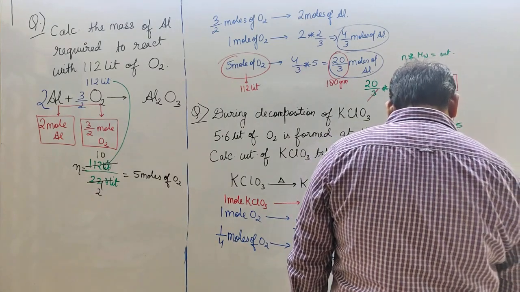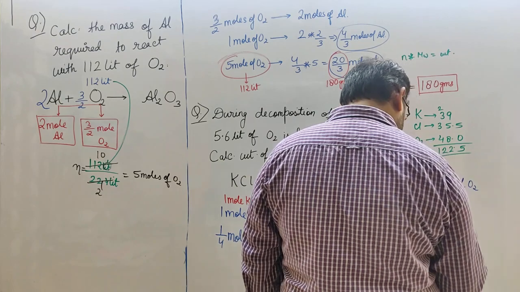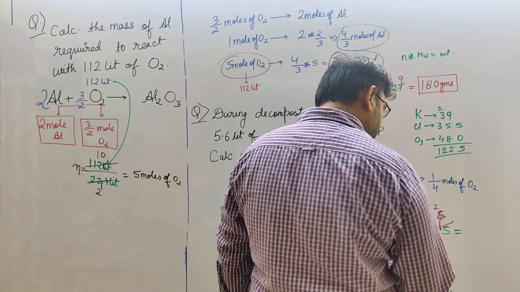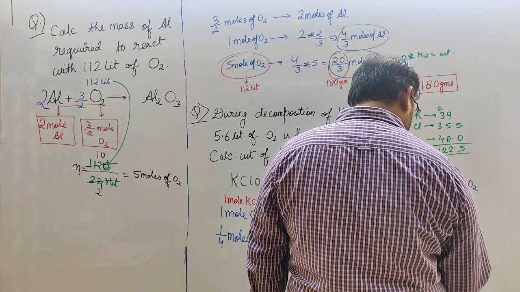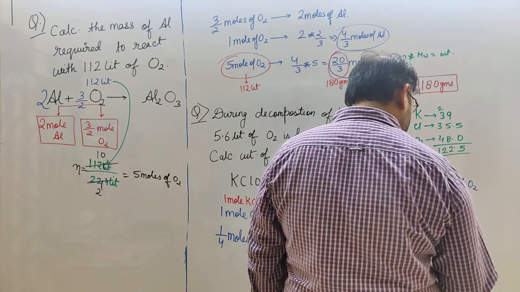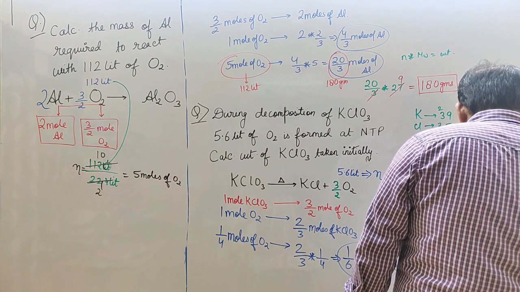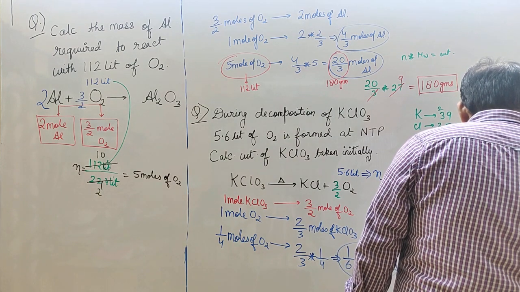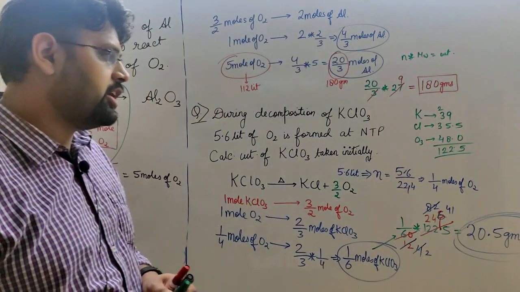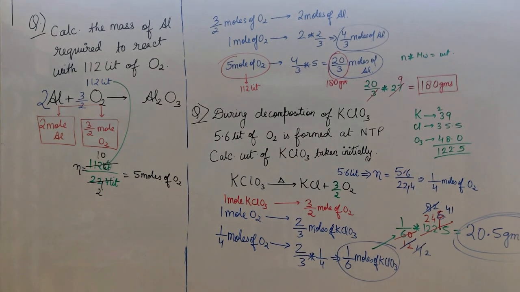We'll make it 246. Now it is divisible by 3, so 82 by 4, which is divisible by 2, giving 41 by 2, which comes out to be 20.5 grams of KClO3 required. I hope everybody will be getting the same answer. So 20.5 grams of KClO3 is required.